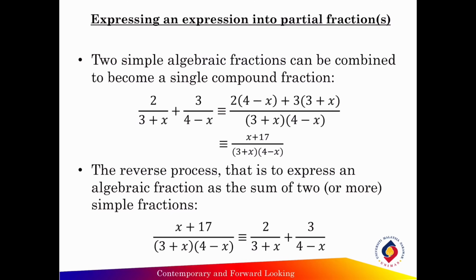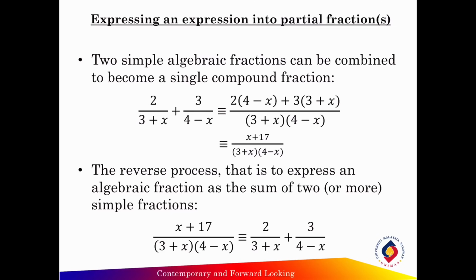Two simple algebraic fractions can be combined to become a single compound fraction. For this example, we have 2 over 3 plus x plus 3 over 4 minus x, and we get x plus 17 over (3 plus x) times (4 minus x).